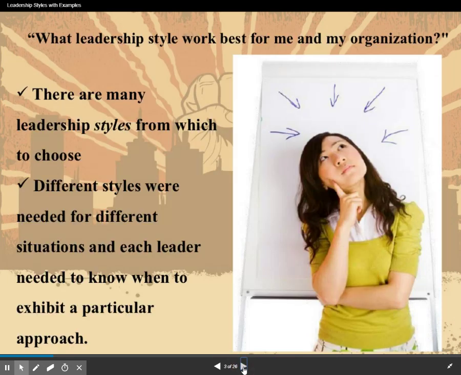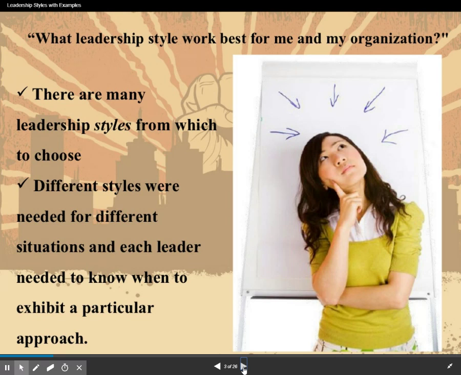Okay. So what leadership style works best for you and for your organization? You're going to have to think about that. There are many types of leaders and many types of leadership styles. And even though we're going to talk about some very specific styles, even the people that follow those styles may do it in different ways.